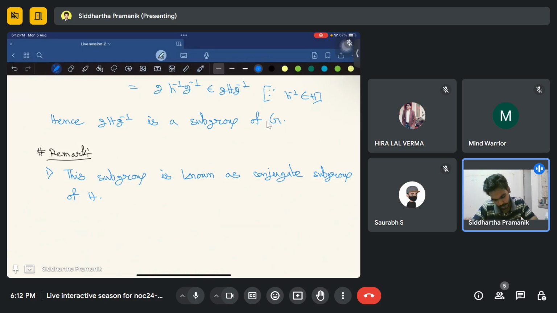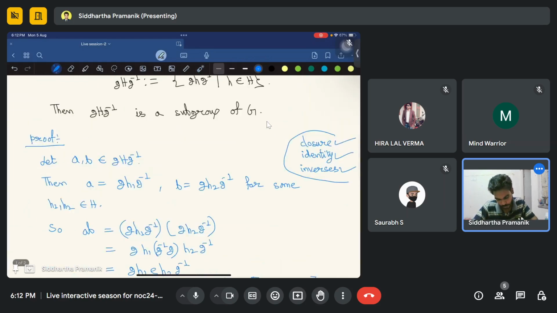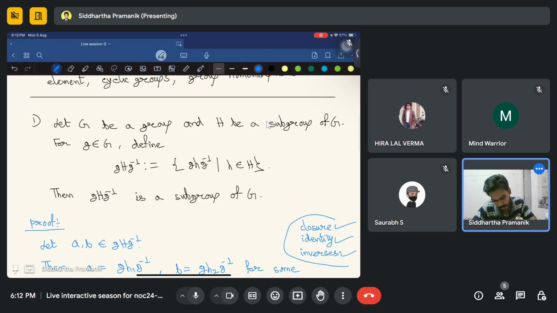And now a simple question for you. Suppose your subgroup H is abelian. Can you say this subgroup gHg inverse is abelian? Just think for a moment.